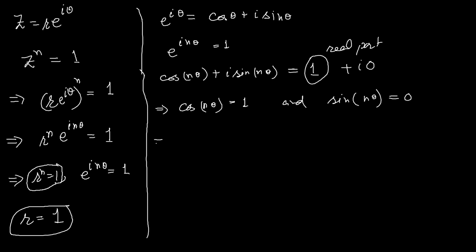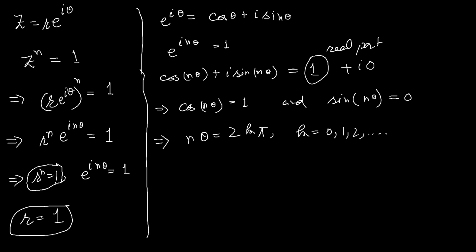Cos n theta will be equal to 1 for all values of n theta equal to 0 or 2 pi or 4 pi or 6 pi or minus 6 pi or minus 4 pi, negative values as well as positive multiples of the angle 2 pi. So we can write it as n theta equal 2k pi, where k is equal to 0, 1, 2, and we can go up to infinity.